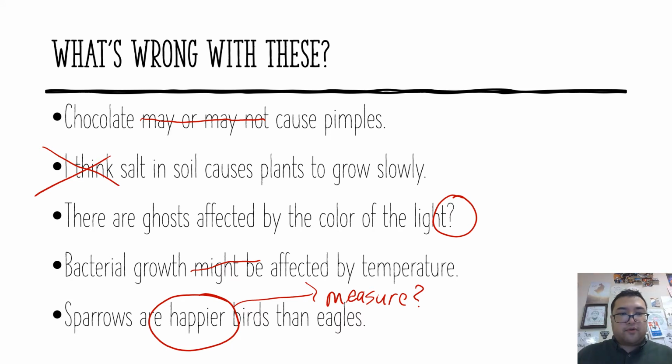And it may be difficult, so this wouldn't be an ideal hypothesis. Again, maybe we might be specific in the type of neurochemicals within the brains of sparrows that could be in higher concentration than eagles. But happier, what determines happiness? Again, that is something that's not easily or clearly defined to be measured.